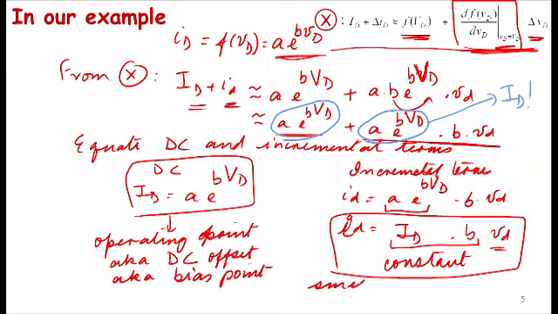So I can say my small signal response is linear, and the reason is that i_d is a constant times v_d. Because i_d and v_d are proportional, my response is linear. And not surprisingly, I derived that from Taylor series, and here I've just simply applied that to the specific circuit at hand.